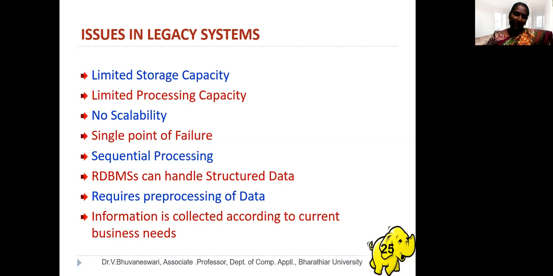Scalability is whenever something new comes in and my system is able to accommodate those inputs, I call my system scalable. Our human brain is scalable actually. Whatever we get, we are able to recollect and store. It has a higher scaling architecture. But the machines we have suffer from the problem of no scalability.